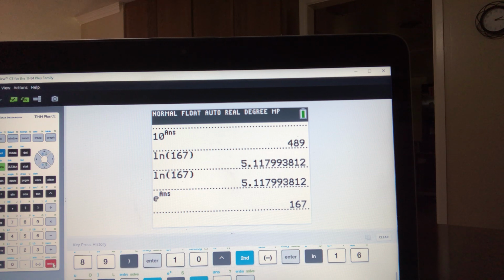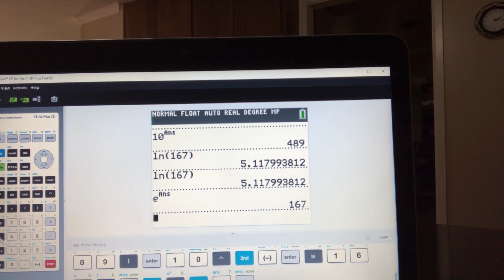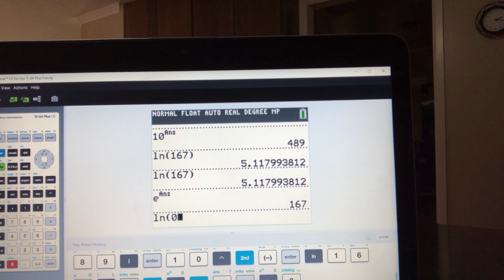Okay, so at the beginning of the lesson, I told you that you cannot take the logarithm of a negative number or 0. It says at the beginning of the lesson that that number x has to be greater than 0. I want to show you what will happen if you try. I'm on number 5 now, 5a, natural log of 0.